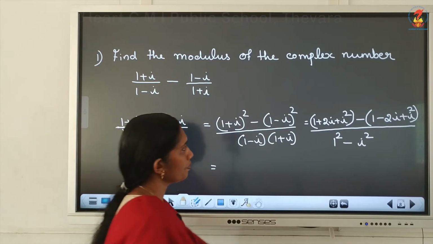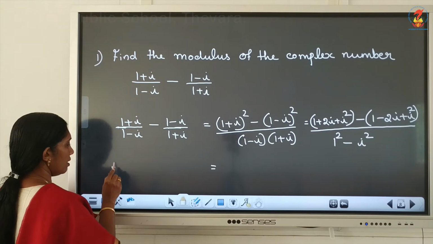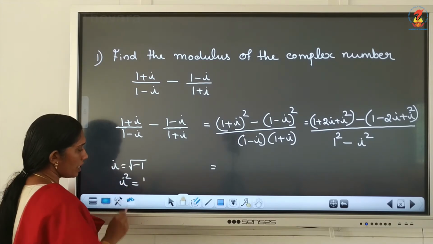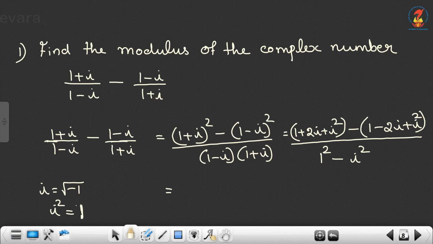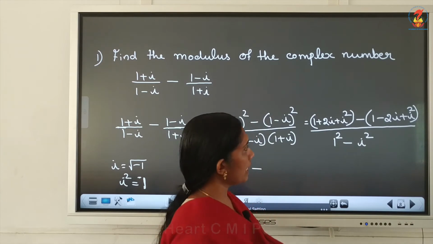Now, what is i²? i is equal to root of minus 1. So what is i²? Sorry, i² is minus 1. So the 1 and the i² we can cancel. So we have only 2i in the first term, then minus, in the second bracket 1 + i², again i² is minus 1, 1 and minus 1 cancel.